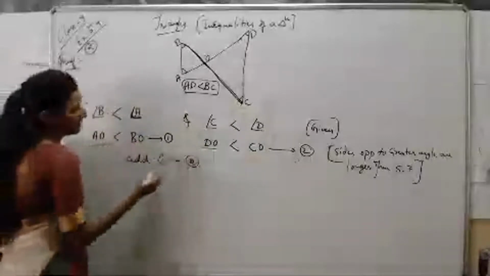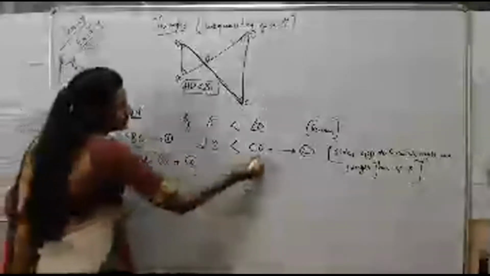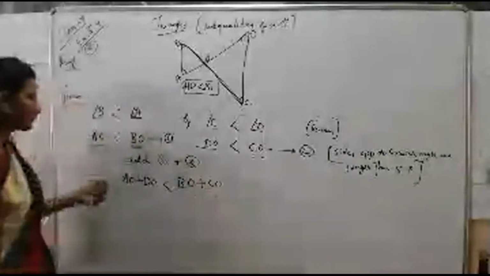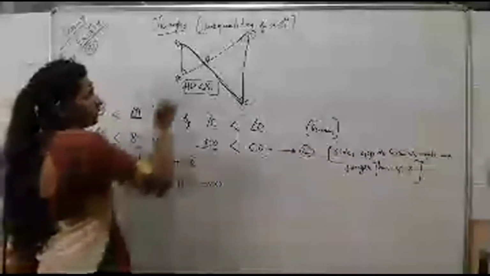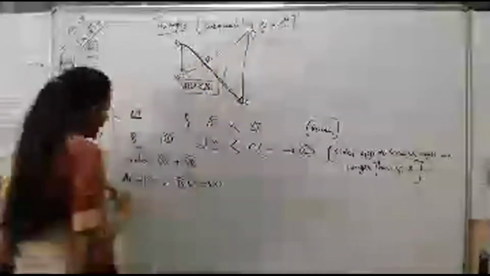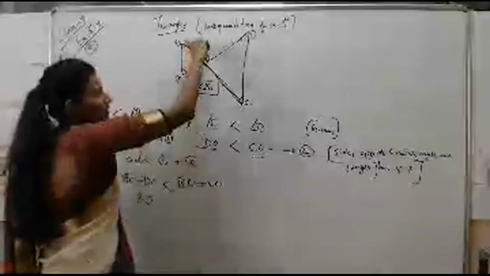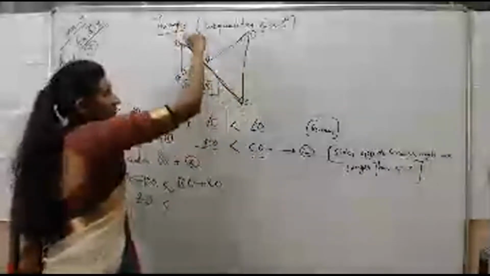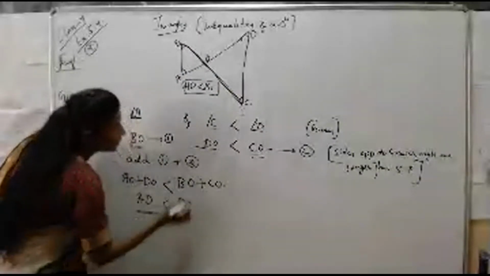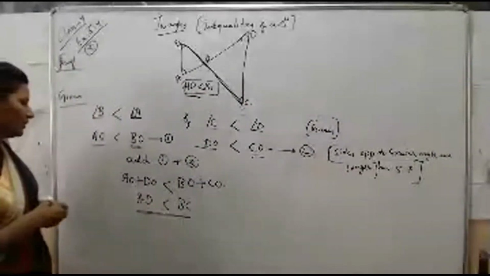What happens? AO plus DO is less than BO plus CO. AO plus DO is written as AD from the figure, and BO plus CO can be written as BC, which we have to prove.